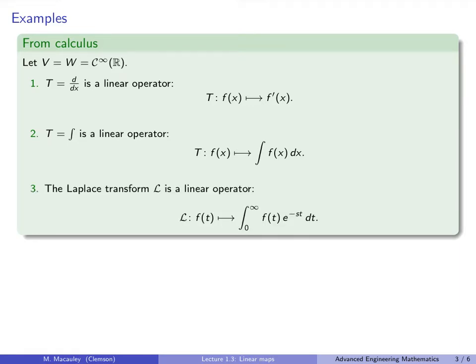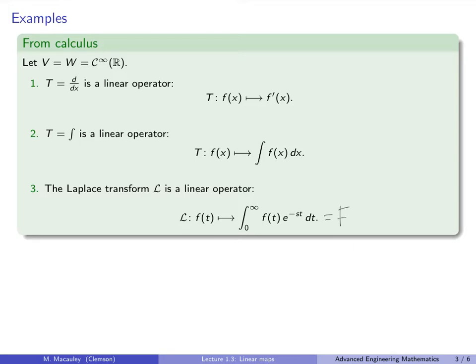Finally, the Laplace transform, L, is a linear operator as well. If you remember from your ODEs course, this is a function that inputs a function of time, f of t, and then you multiply it by e to the negative st and integrate dt from 0 to infinity, and what you get is actually a function of s.